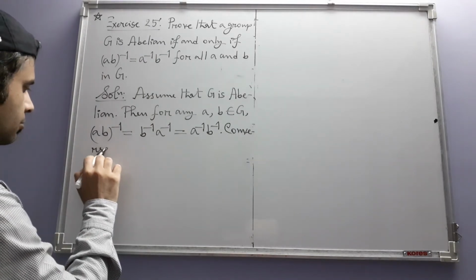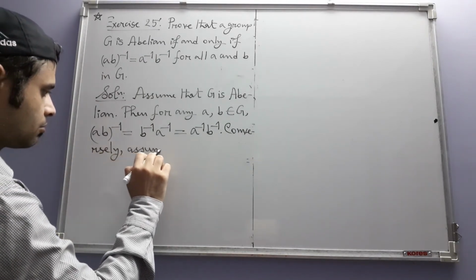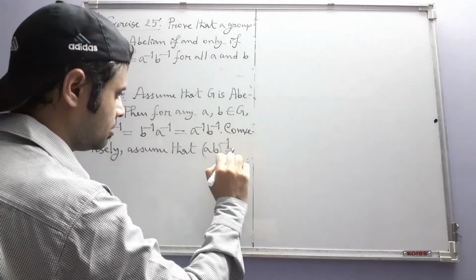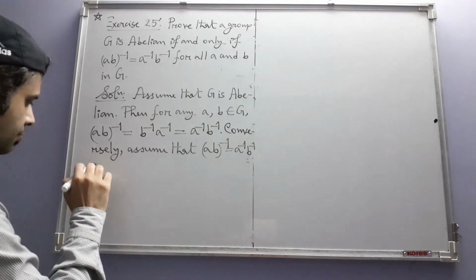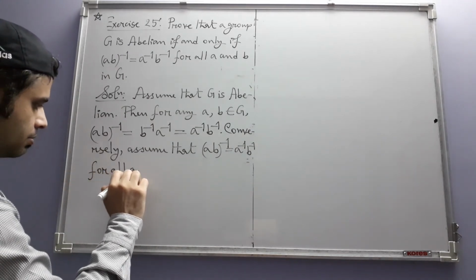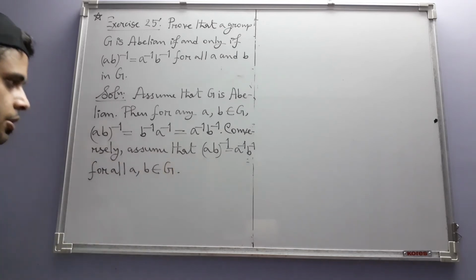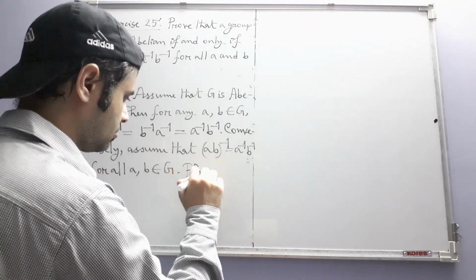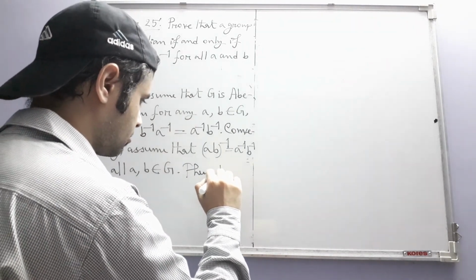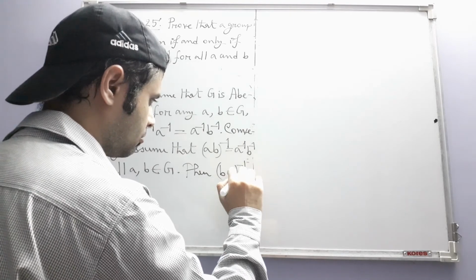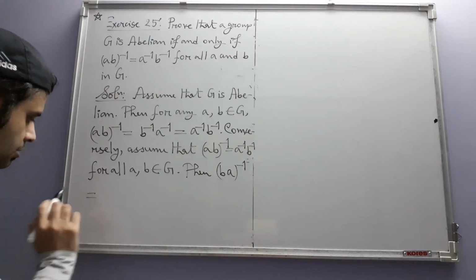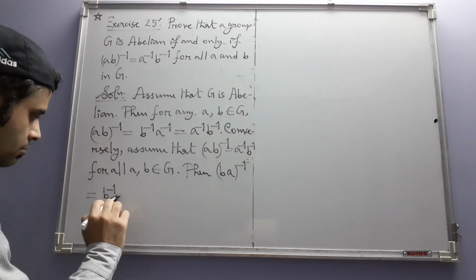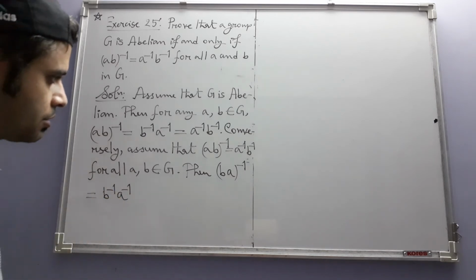Now conversely, we assume that this identity is there for all elements A and B in G. Then (BA) whole inverse is equal to B inverse, oh, okay.